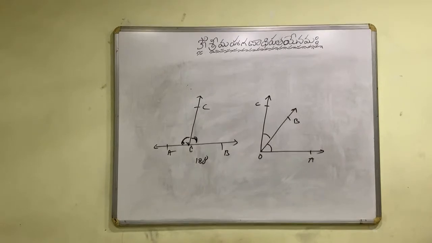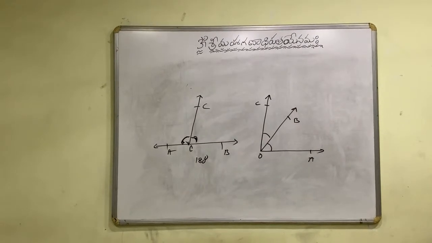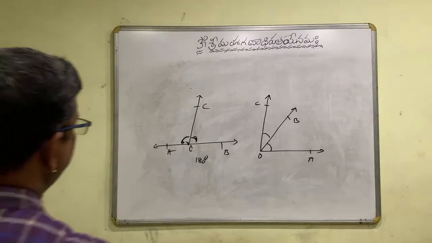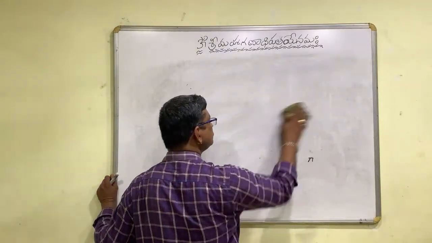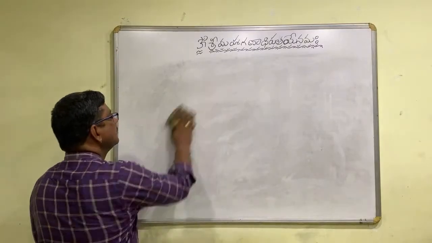This is what you have to understand. Linear pair of angles, very, very important. If two non-common arms form a straight line, then those two adjacent angles are called linear pair of angles, and we know their sum is 180 degrees. So these two are very, very important. You have to understand adjacent angles and the linear pair of angles.